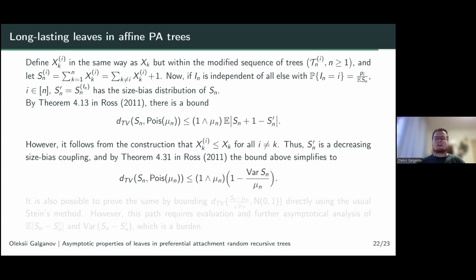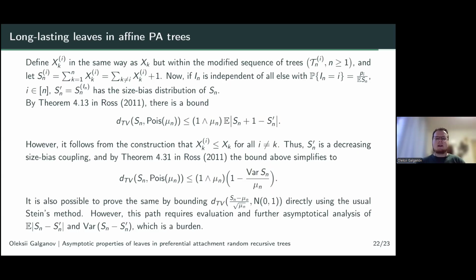It's just the variance of Sn divided by the expectation of Sn, and that's it. We don't have to deal with dependence between Sn and Sn prime anymore. That's the final estimate we have, and we can also prove that it converges to 0 under the conditions we have.